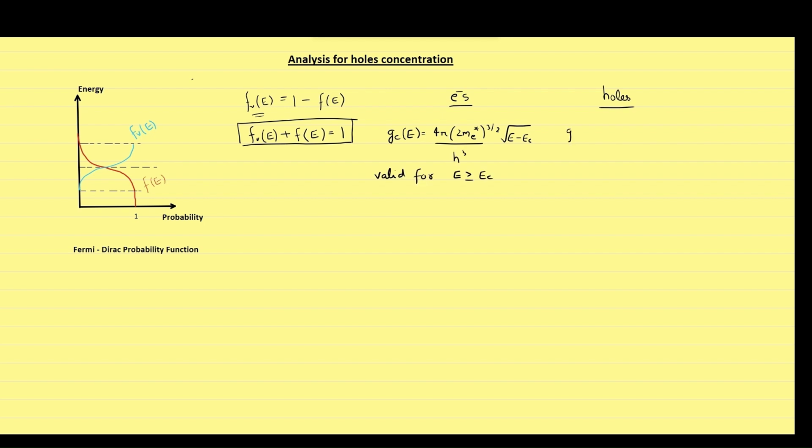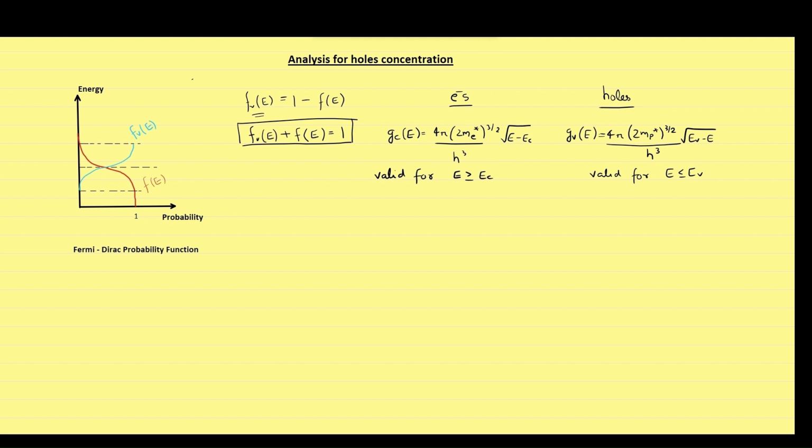Similarly, we have density of states in valence band to be equal to, where the function is valid for energy smaller than or equal to EV. And it should be clear to you that EV is the maximum of the energy levels which can be considered to be present within the valence band.